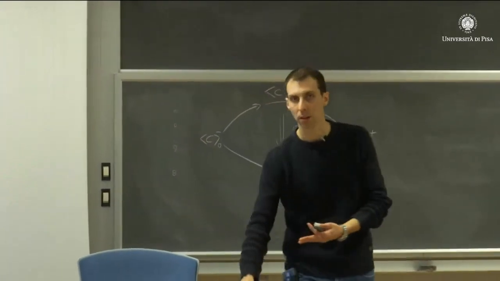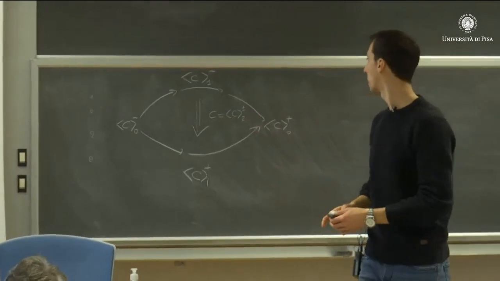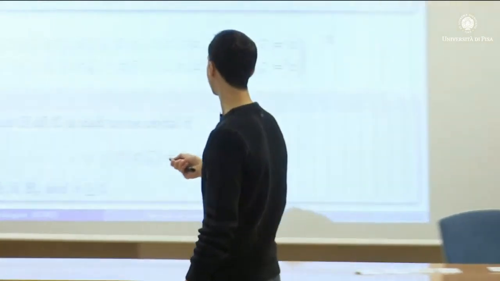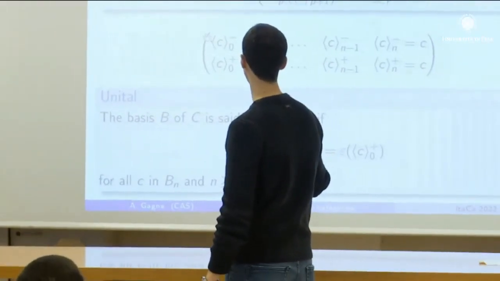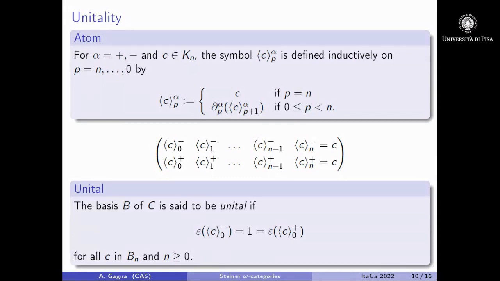And this cannot happen if we think of these cells as cells of an omega category. So we want to impose that this guy over here, as a linear decomposition, is just one term. It's an element of the basis of K0. It's not a sum of points. It's just a point.